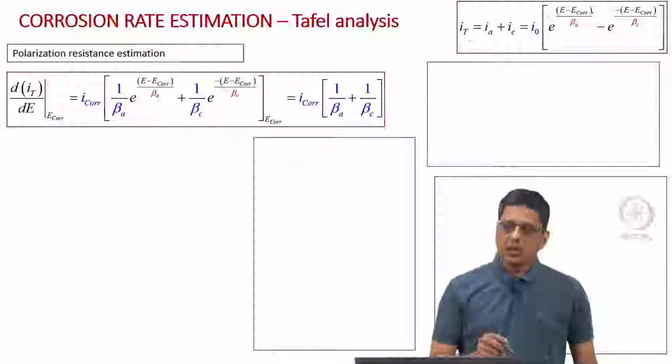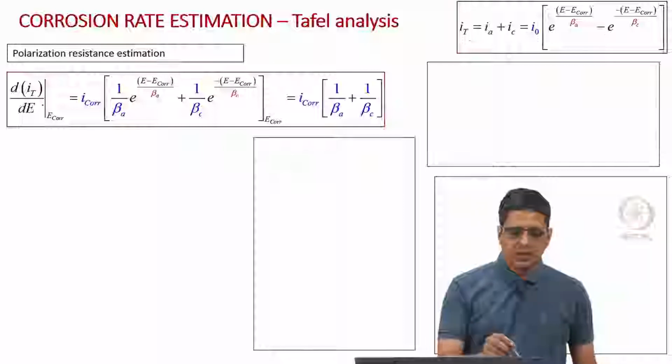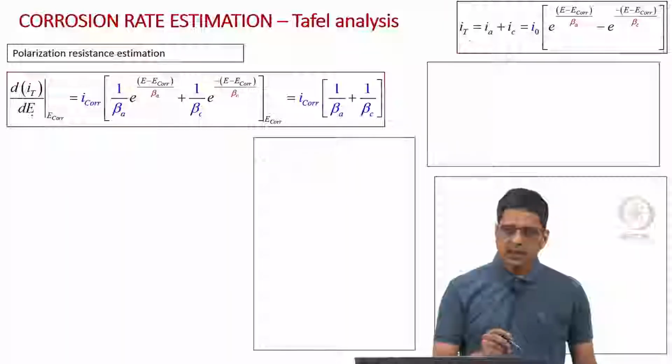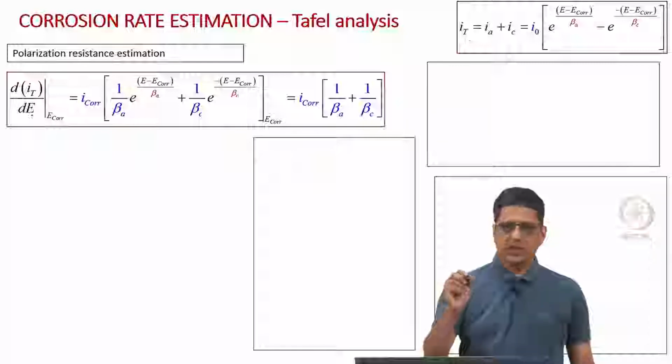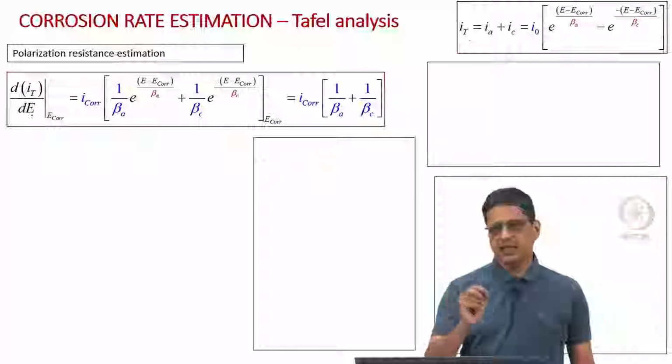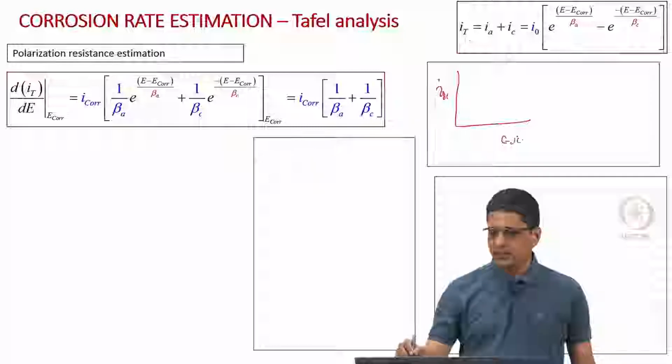Now, you can also calculate one more term called polarization resistance. Okay. That is basically dI total by dE, assuming that you have not scanned it at a fast rate. Ideally, you have just gone to a DC potential, measured the steady state current, gone to another DC potential, measured the current, and then if you plot I DC versus E DC, this is going to be 0 at some potential, and that is corrosion potential.